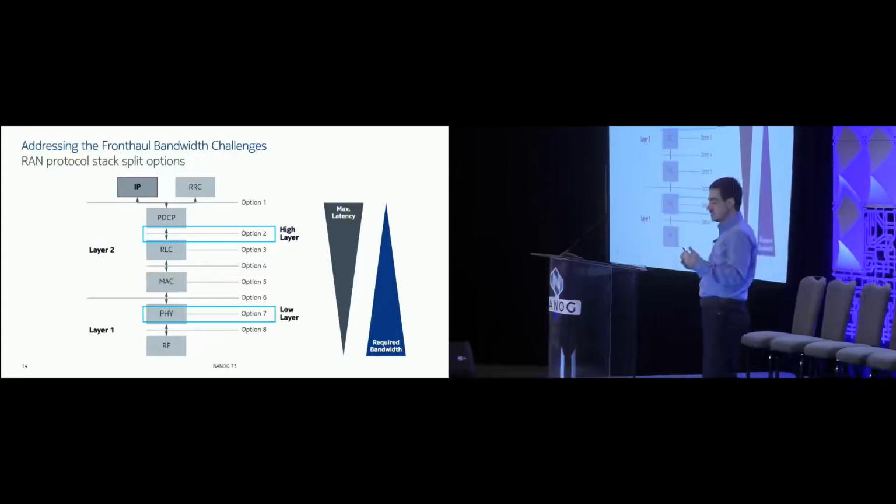Everything between the low layer and the high layer encompasses all the real-time functions of a radio. And everything on the top encompasses the non-real-time functions of the radio, right? So basically what we're trying to do is get a better latency tolerance, a little less bandwidth in front haul, and also the ability to have a non-real-time element that we can deploy more flexibly.